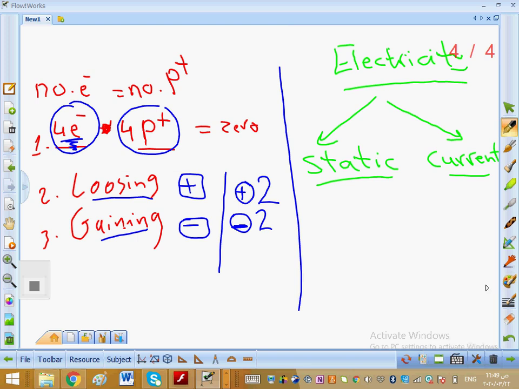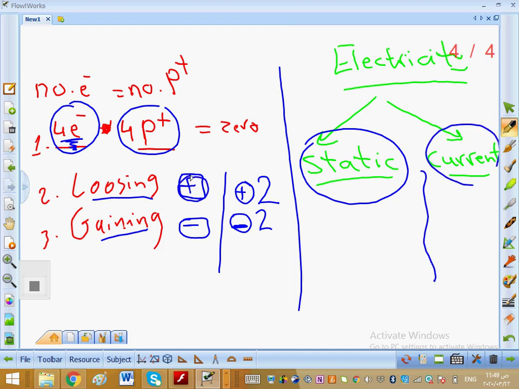And we know static means it's not moving. When these charges, positive and negative, move, if we have no movement, we have static electricity. If we have movement, we have electric current.